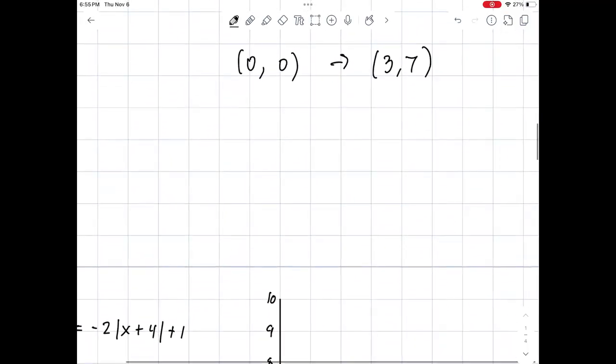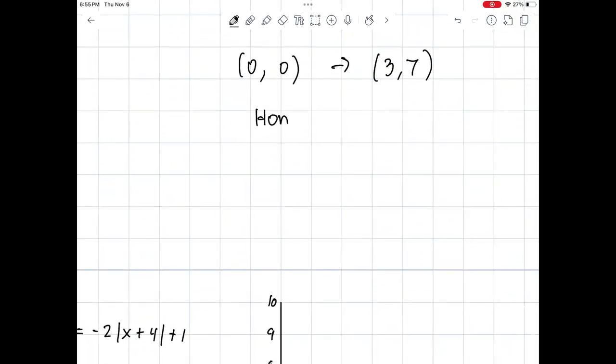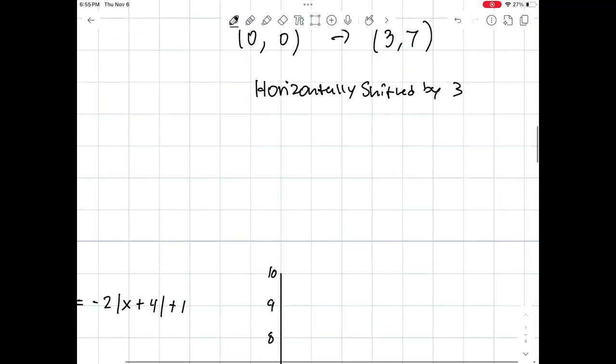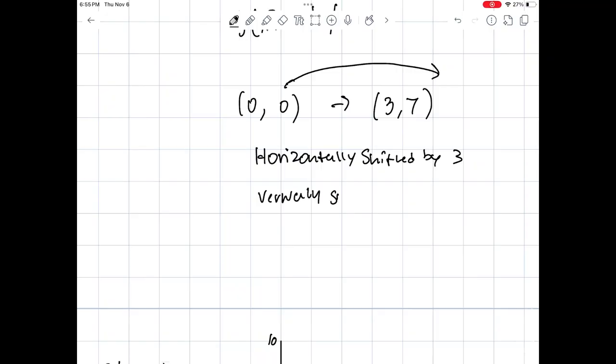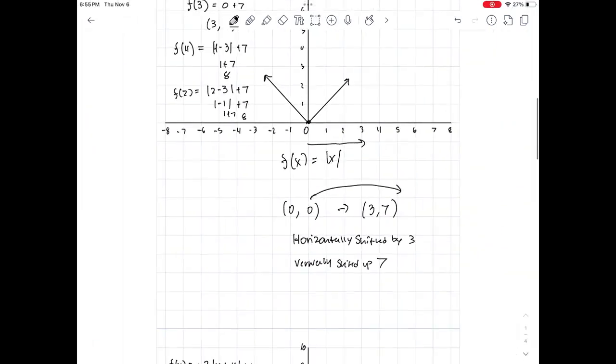So we horizontally shifted by 3. So same thing for y. We went up 7, so we vertically shifted up 7. So rather simple.